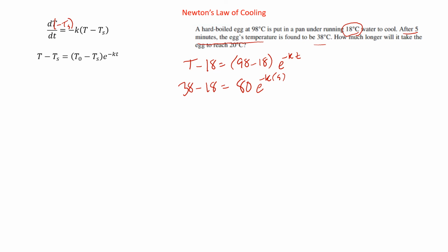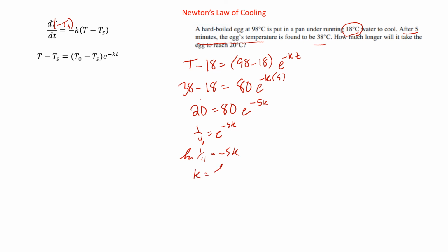So 38 minus 18 is 20 equals 80 times e to the negative 5k. Divide by 80. 20 divided by 80 is 1/4 equals e to the negative 5k. We can take the natural log of both sides, and then divide by negative 5.